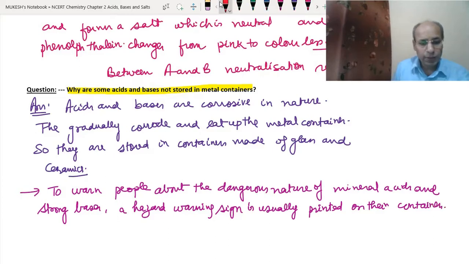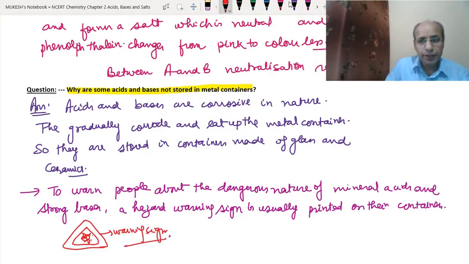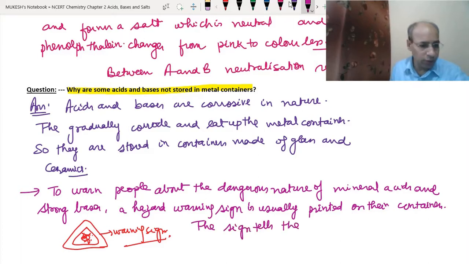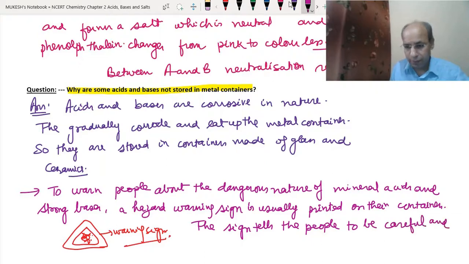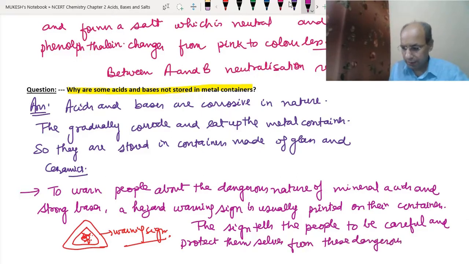This red color sign is given like this, some danger sign. This is the warning. The sign tells people to be careful and protect themselves from these dangerous chemicals.